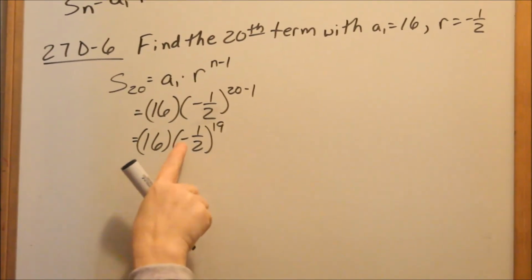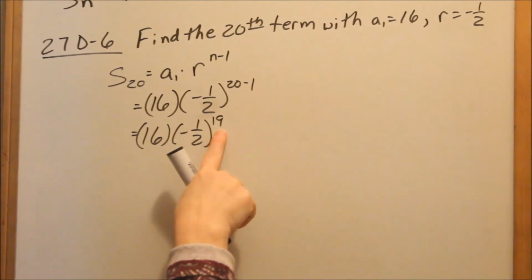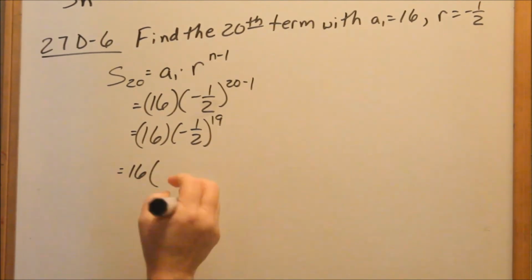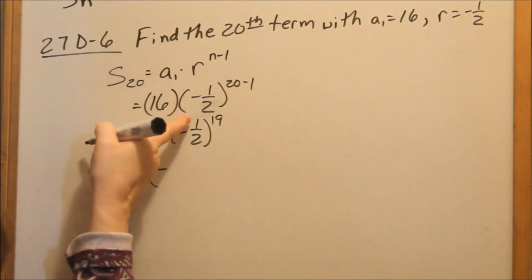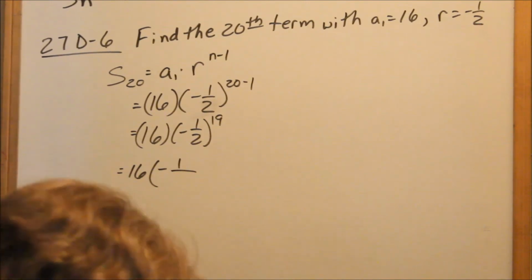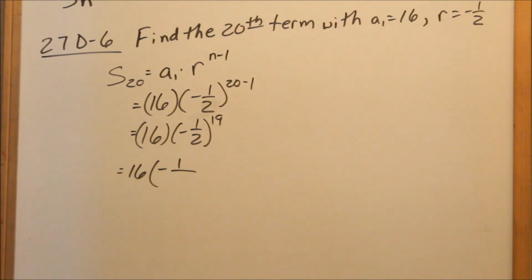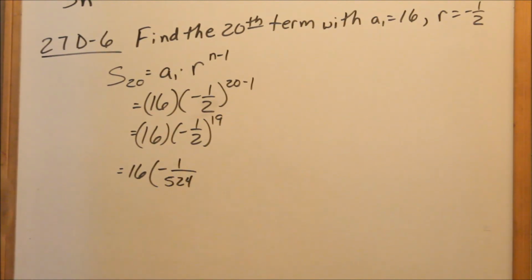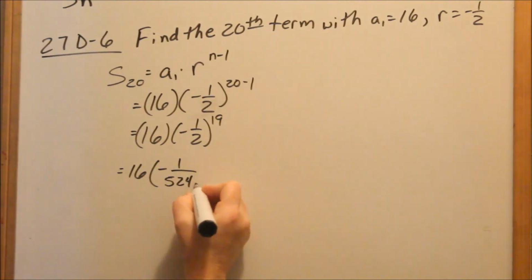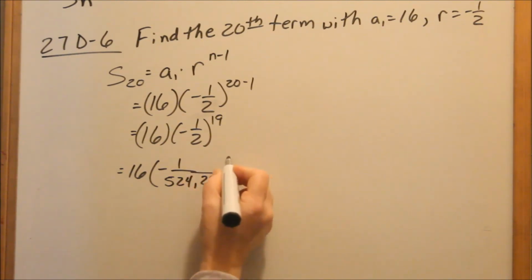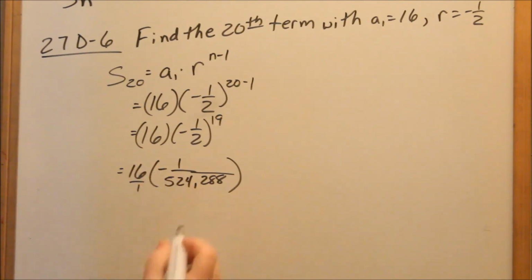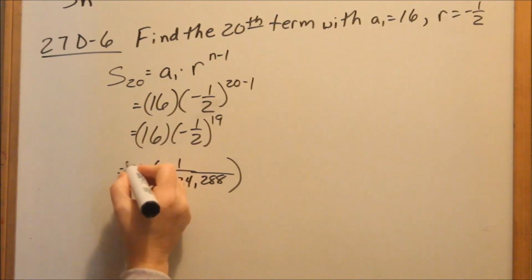So a negative raised to the 19th, an odd number, is going to be a negative number. So then we're going to have 16 over the negative. 1 to the 19th is still 1. And then 2 to the 19th is 524,288. That's your denominator. And I'm pretty sure 16 in that cancels. It does. So that becomes 1.